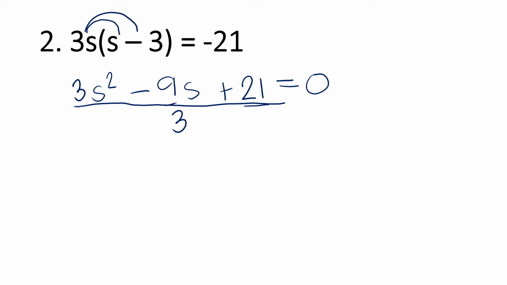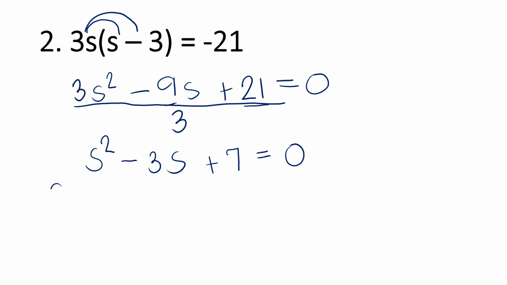So 3 divided by 3, so you're going to have s squared, negative 9 divided by 3 is negative 3s, and 21 divided by 3 is positive 7 equals 0. We are going to notice we have s squared minus 3s plus 7 equals 0. So there is no more possible solution for this one unless we are going to use the quadratic formula.